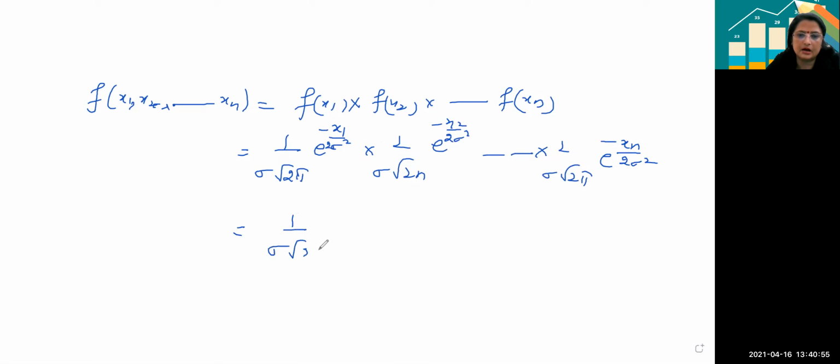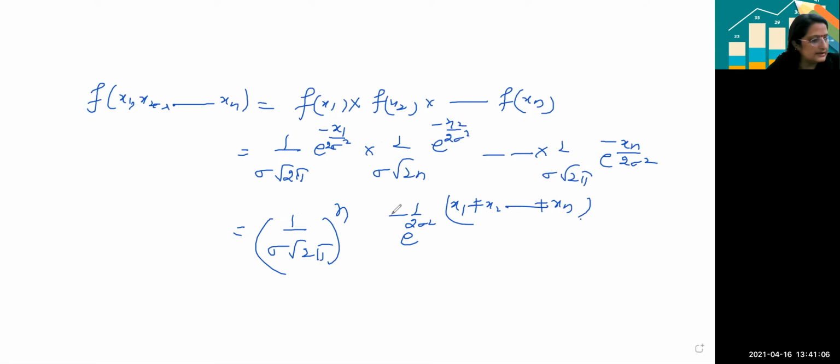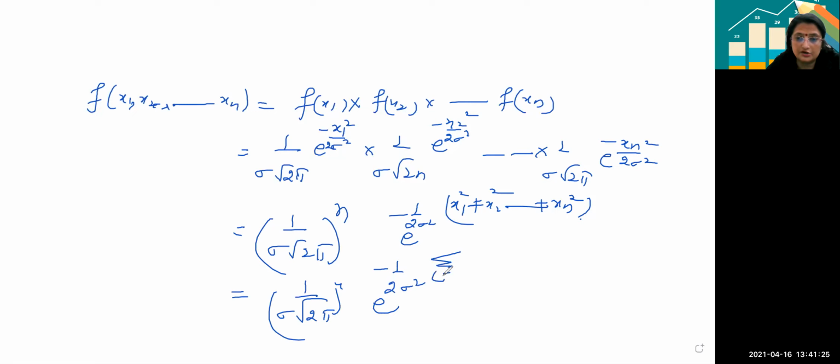So 1 by sigma under root 2 pi, how many times? n times. e raised to power minus 1 by 2 sigma square, this is x1 square plus x2 square so on up to xn square. We have summed this up, okay? This is the whole square, x minus mu whole square, so you will get here x1 square, x2 square, xn square. This is 1 by sigma under root 2 pi whole raised to power n, e raised to power minus 1 by 2 sigma square, summation i running from 1 to n of xi square.